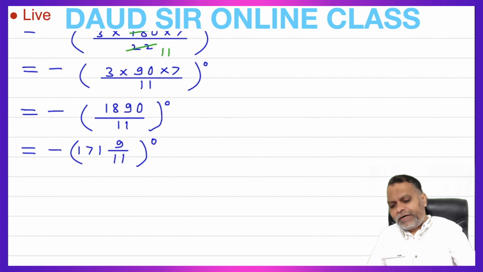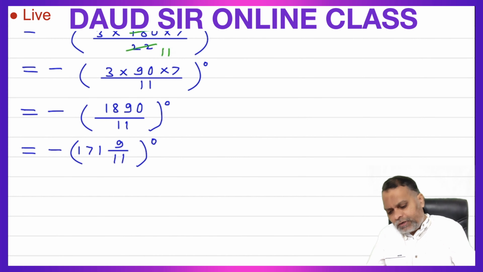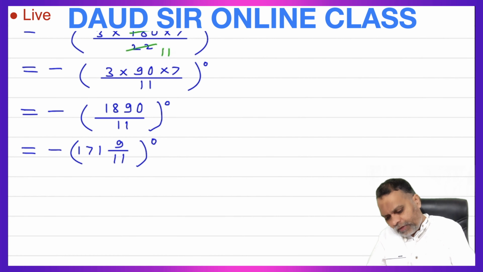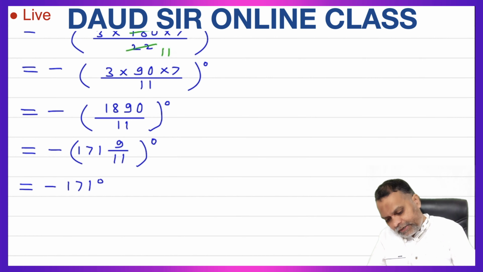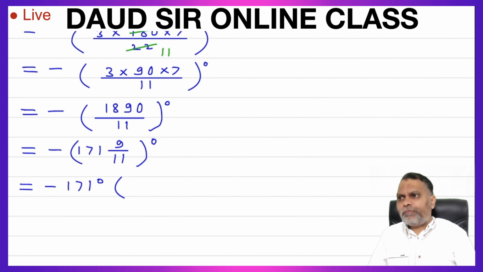Now here 171 is the complete degree, and this 9 upon 11 degree is not complete. So we have to convert this 9 upon 11 degree into minute. So minus 171 degree, this is complete degree, and this 9 upon 11 we have to convert into minute.